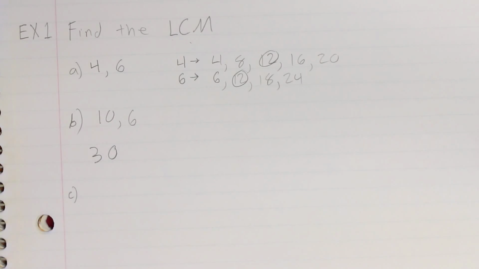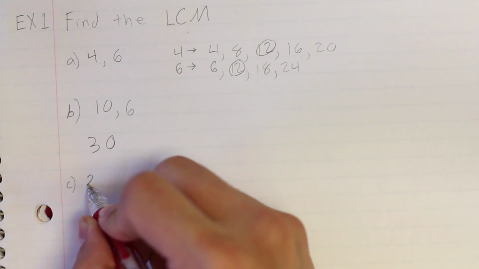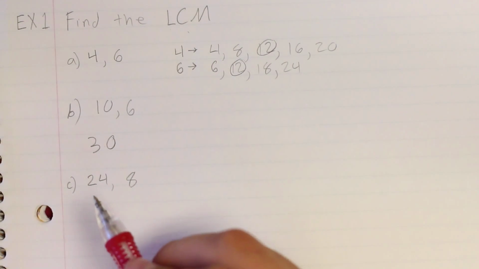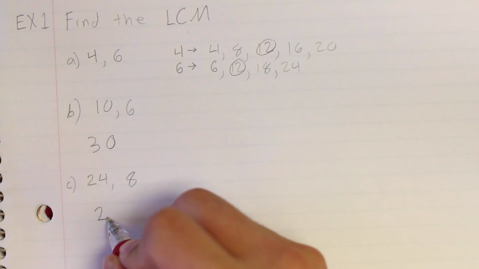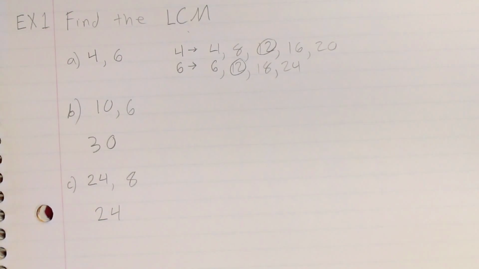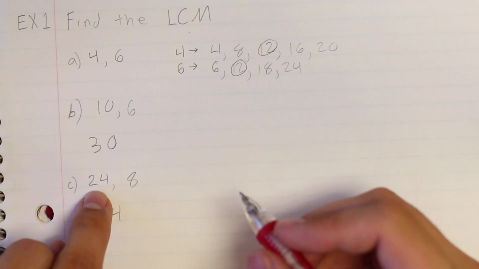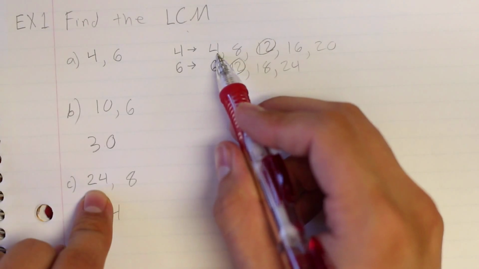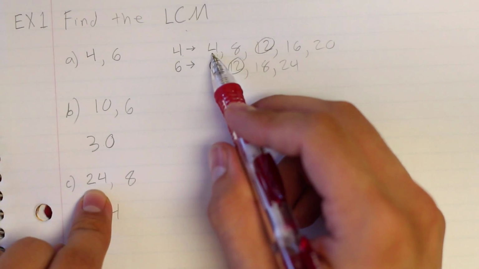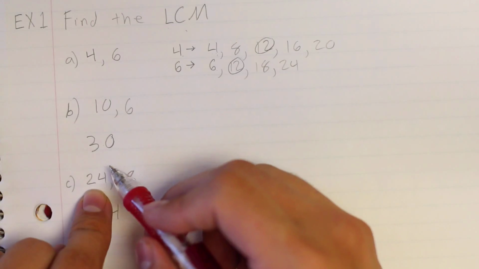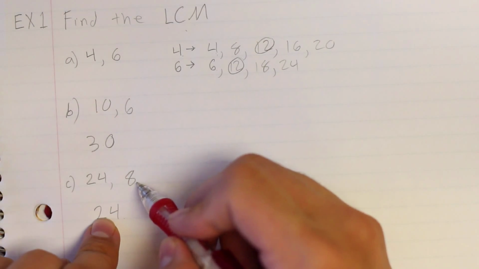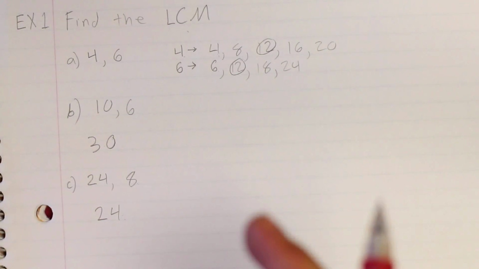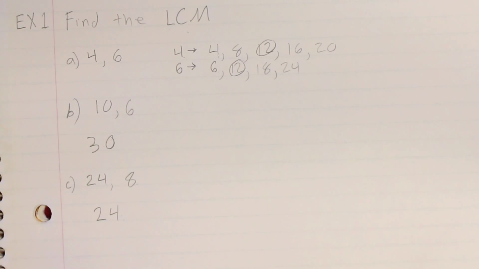If you were told to find the least common multiple for something like 24 and 8, well, the least common multiple for 24 and 8 is 24. You're like, wait, how's it 24? I thought 24 is right there. Well, 24 is a multiple of itself. Any of these numbers, they're multiples of themselves. See, look up here. I started with 4, because 4 times 1 is 4. 6 times 1 is 6. 24 times 1 is 24. And 8 times 3 is 24. So that is the smallest number that they have in common as a multiple, okay?